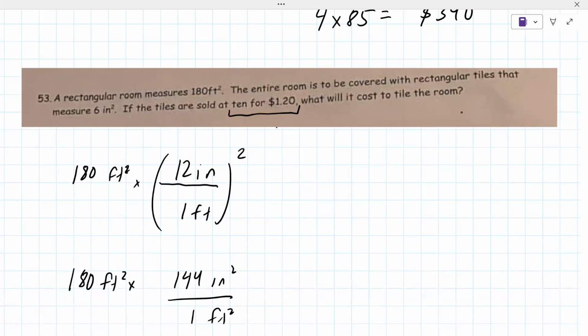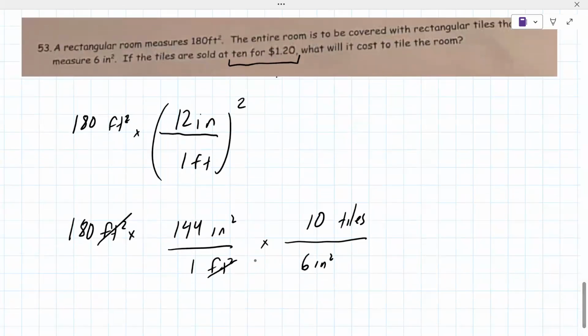So this gives us the inches squared, and we know the tiles are 6 inches squared, one tile. So this will tell us how many tiles we need. And again, it's all about getting those units to line up. That's the whole point of this exercise.